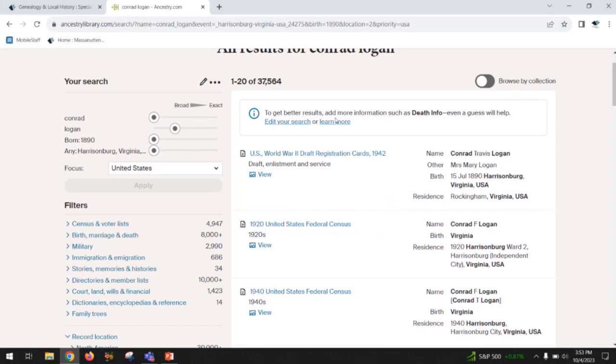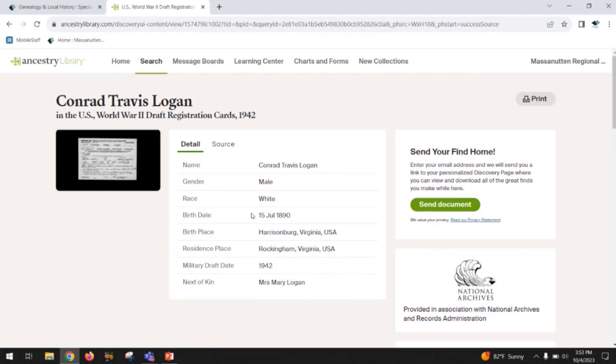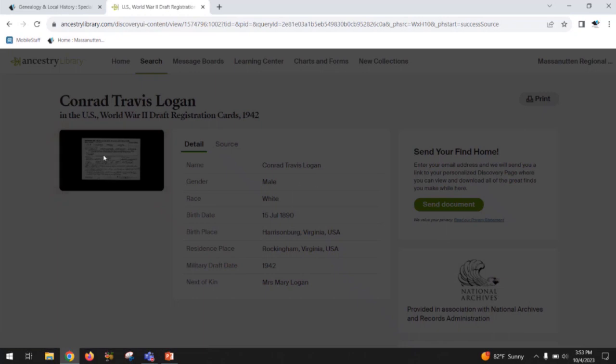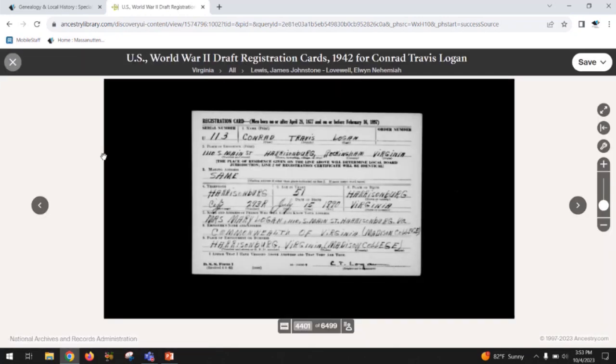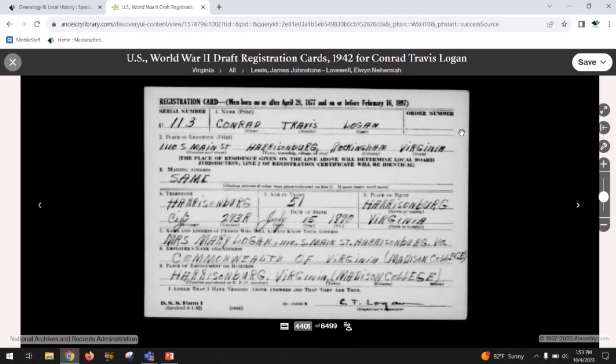So we're going to start with his World War II draft registration card. This is definitely him because his birthday is correct, and his name is exact as I know it. We can see here that it's transcribed, but we also can look at the full image. So this doesn't tell us much that we don't already know, presuming this is our ancestor.